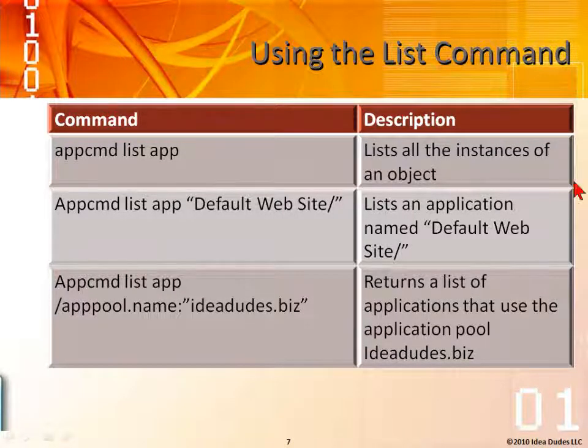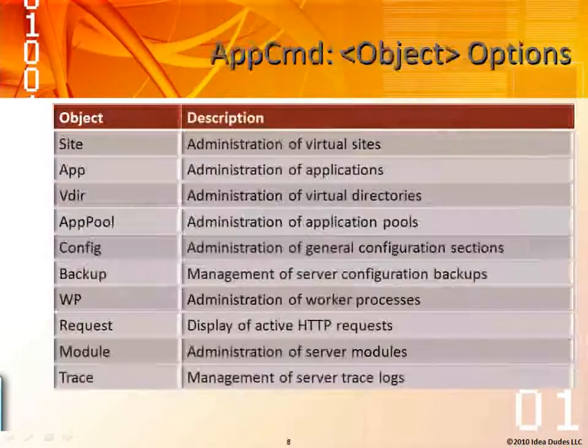So you can see there's an ongoing trend here. We use list, app, and then we put any other additional parameters that we need.